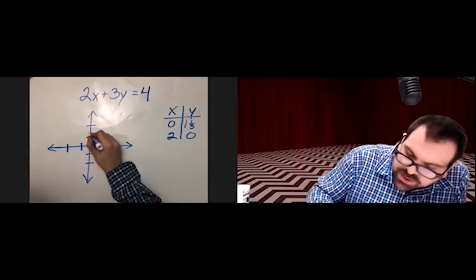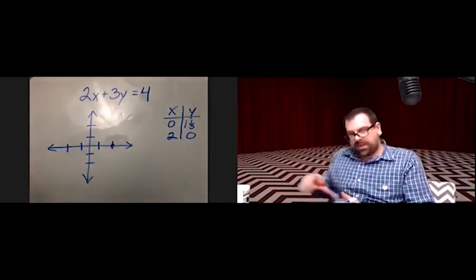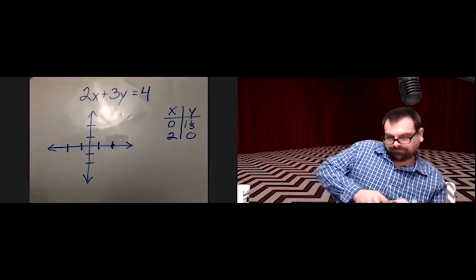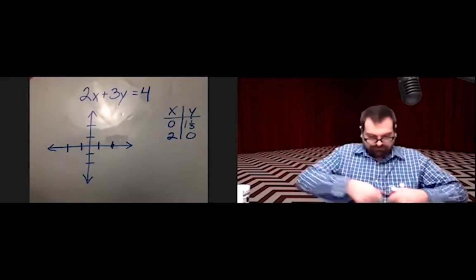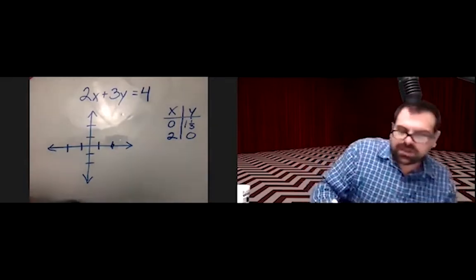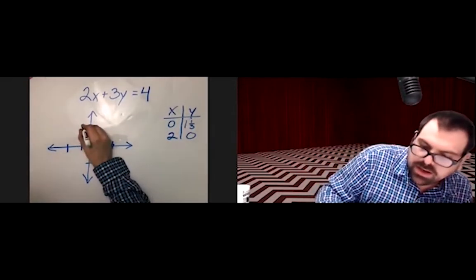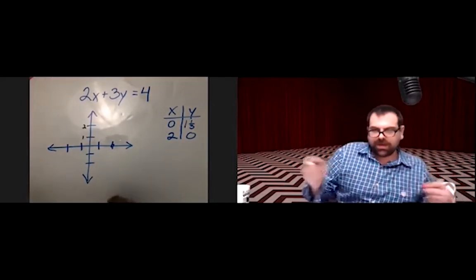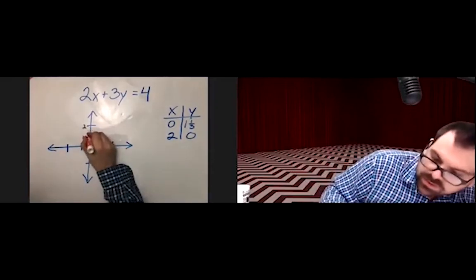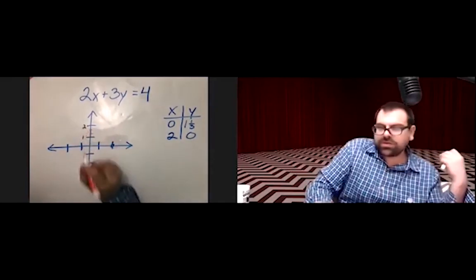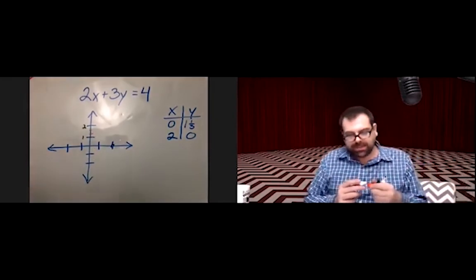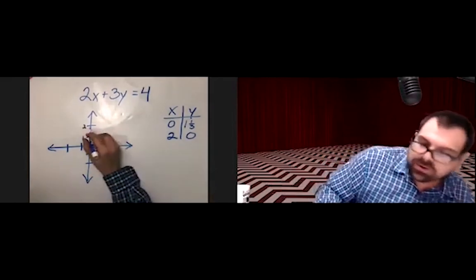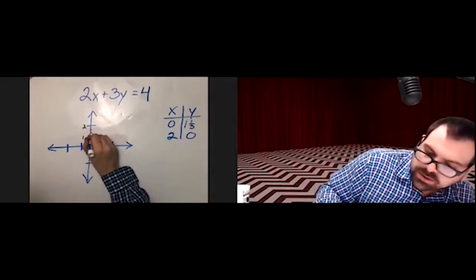So if I imagine that between 1 and 2, this got split up into thirds. 1, 2, so it's 1, 2, 3 pieces. 1 1/3 would be right here.